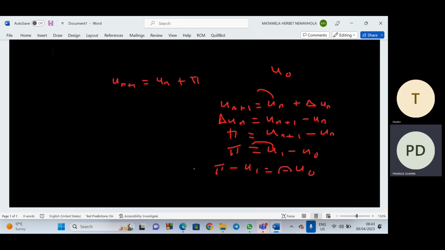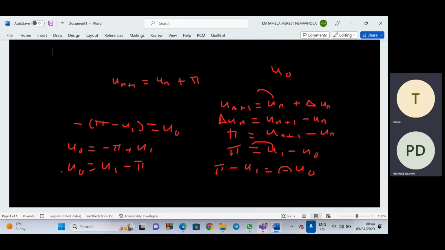When I multiply both sides by negative, negative in brackets pi minus mu 1 equals to mu 0. So if I take this times this, mu 0 equals to negative pi plus mu 1. Then I can rewrite this as mu 1 minus pi is our mu 0.